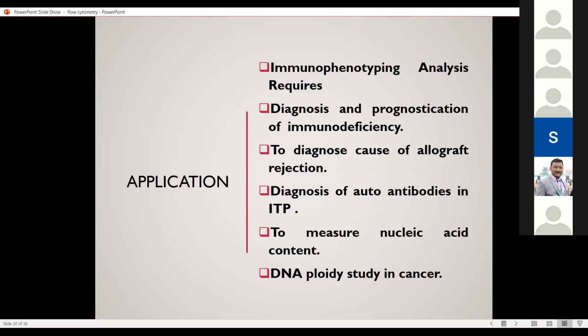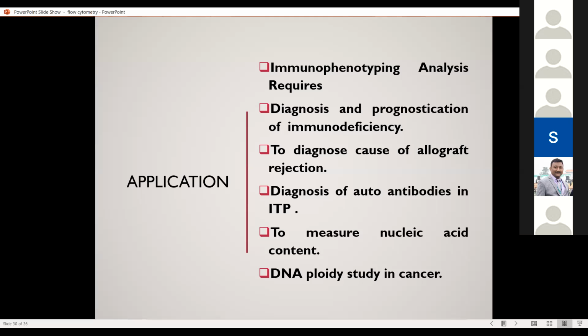Allograft rejection: if we do some kind of allograft in someone's body and it rejects that allograft, we can diagnose the major reason why the person is rejecting that transplant. This is because of, as we all know, the MHC, the major histocompatibility complex.